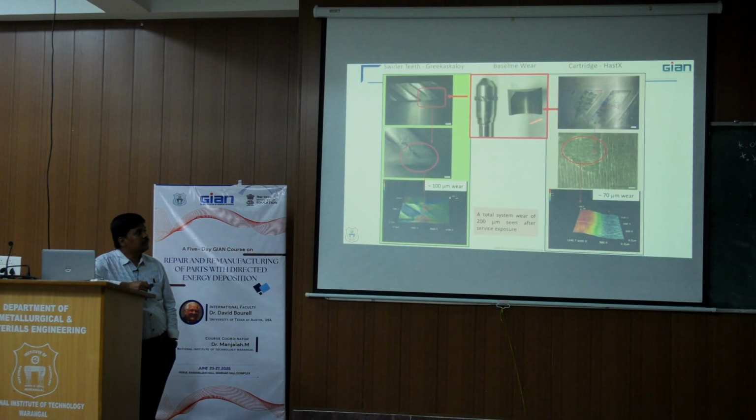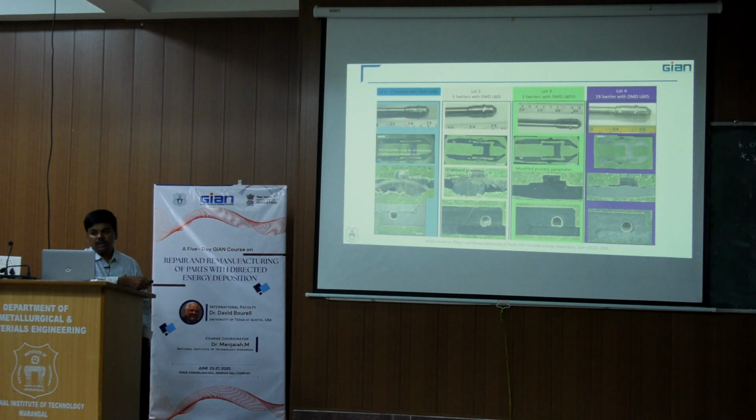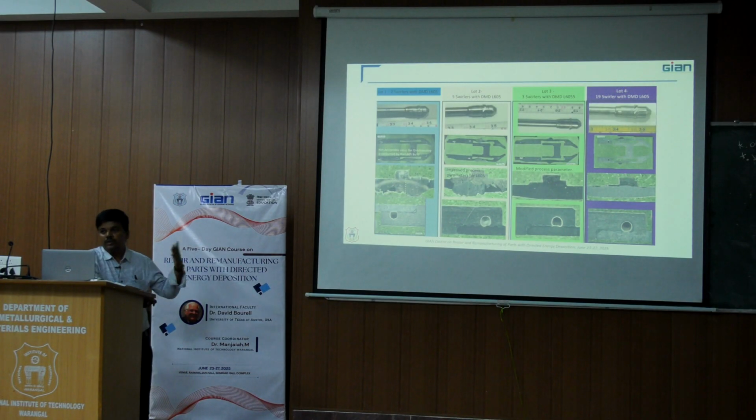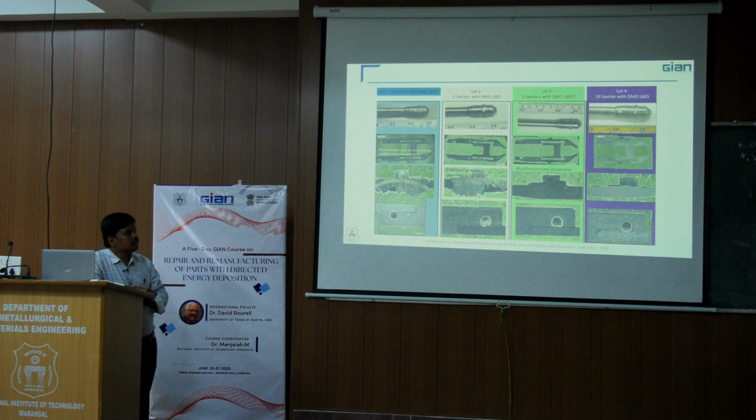If you take the three-dimensional data of how much the wear has taken place, almost 70 micron or 100 micron wear has taken place on the spirals. Then they tried different kinds of lots, whether we can go with lot 1 or lot 2 or lot 3 or lot 4, which is the best to repair such spirals with the addition of materials, with efficiency.